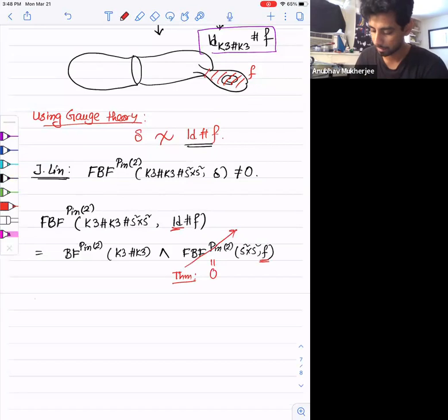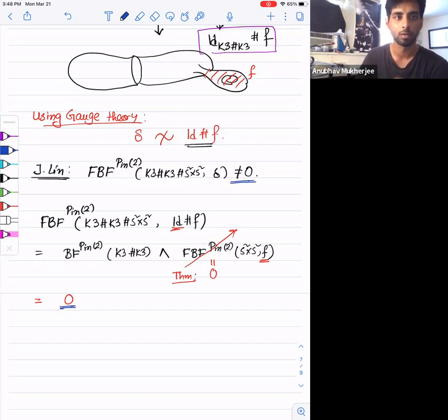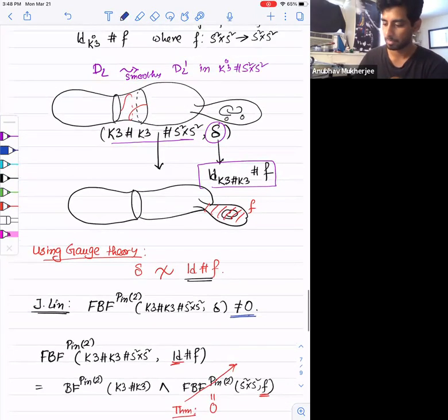And that implies that this whole thing is trivial. That completes the proof, because previous work of Jianfeng says that this is non-trivial and we prove this is trivial. So that means this is not true. And that means this is not true.